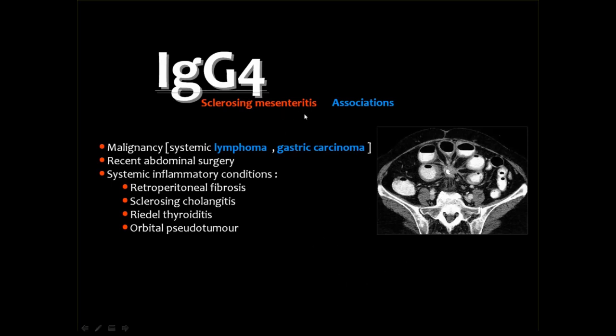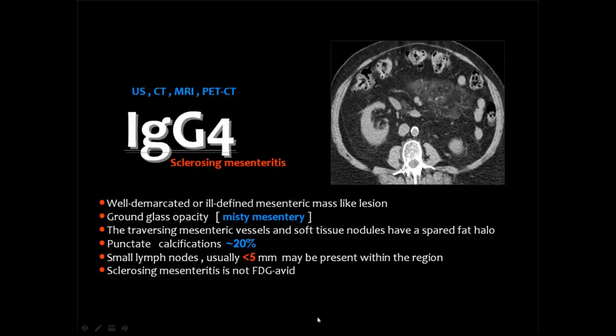Sclerosing mesenteritis may be associated with malignancies like lymphoma and gastric carcinoma, recent abdominal surgery, and systemic inflammatory conditions like retroperitoneal fibrosis, sclerosing cholangitis, Riedel thyroiditis, and orbital pseudotumor. All these lesions also belong to the IgG4 related disease.